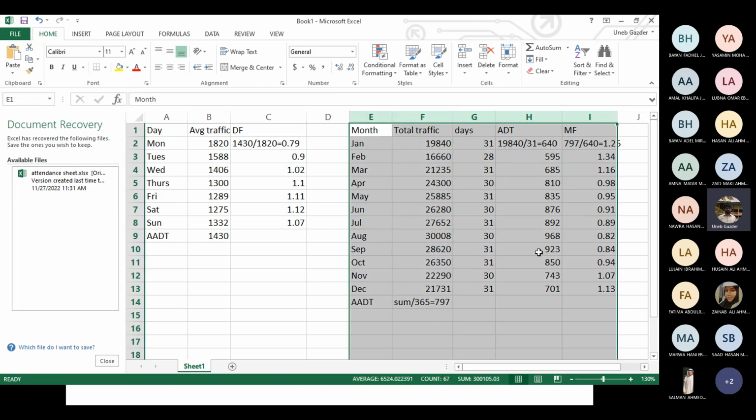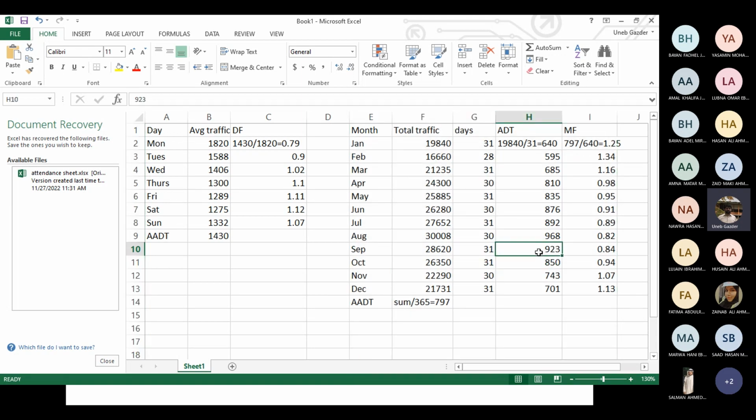Or we should calculate all these things. Yes or no? It's less than 1,000, so no. It should not be included. We didn't include it.